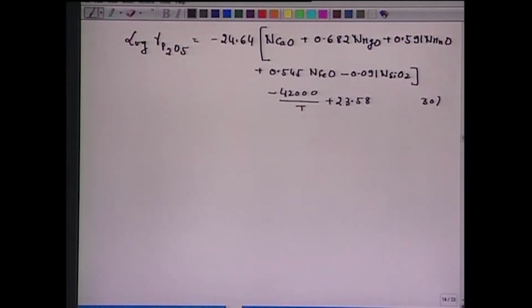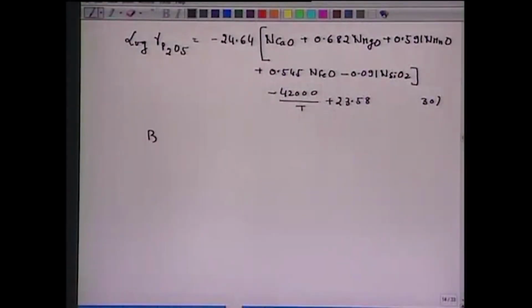Now in equation 30 you see that MgO is around 0.682 times as effective as calcium oxide. That means if the calcium oxide effectivity is 1, then MgO is only 0.68 times as effective as calcium oxide.